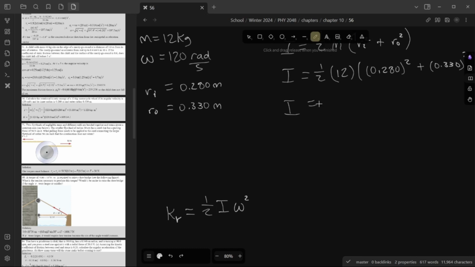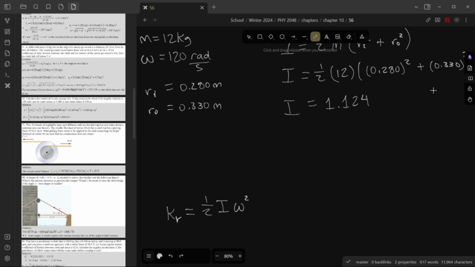And we get 1.123, so we're going to round up here.